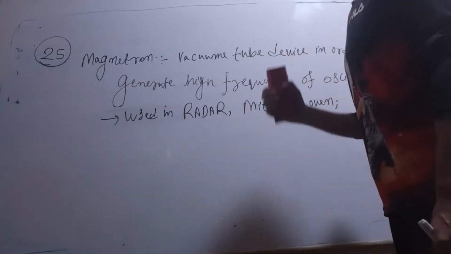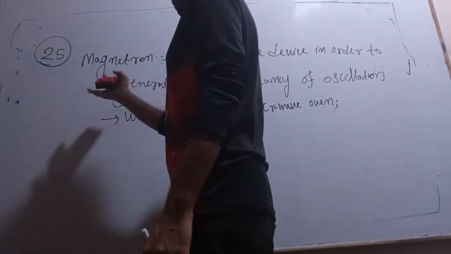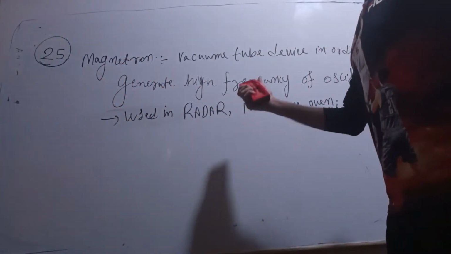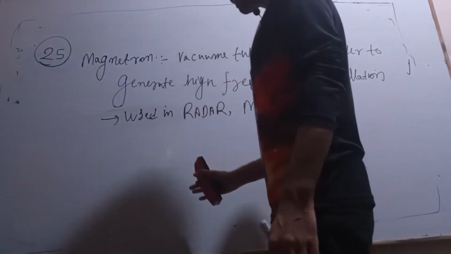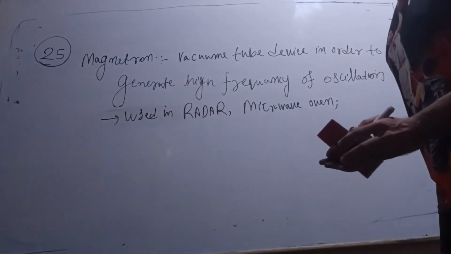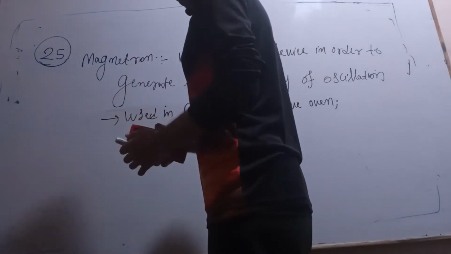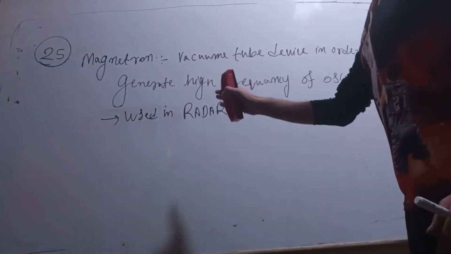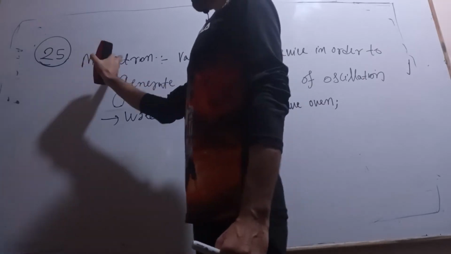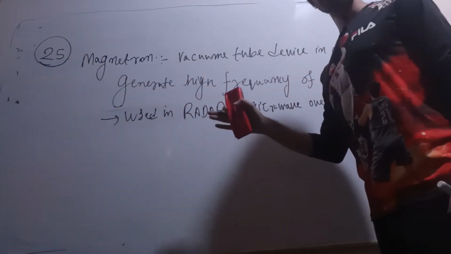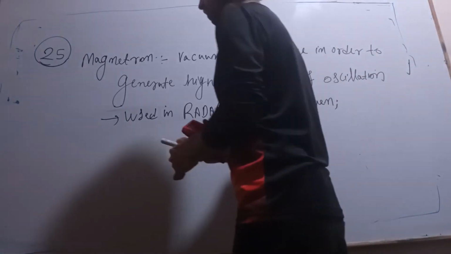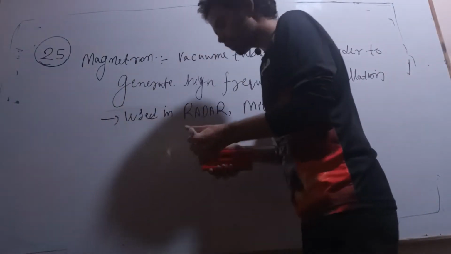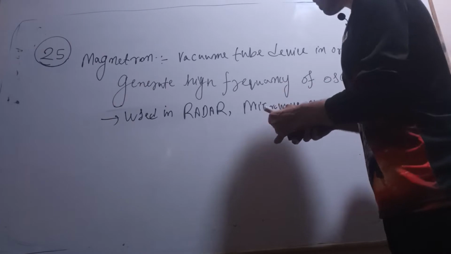The magnetron is a multi-cavity magnetron. It has cavities like 8 cavity, 16 cavity, an even number of cavities. Its working principle is based on LC oscillation. What is the purpose of the magnetron that we have seen?